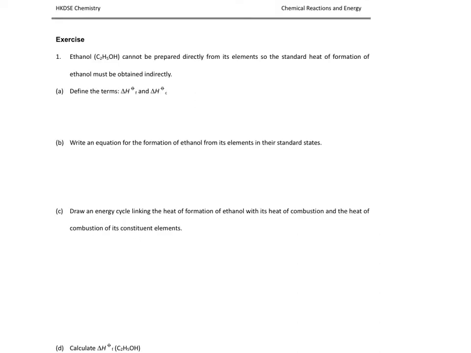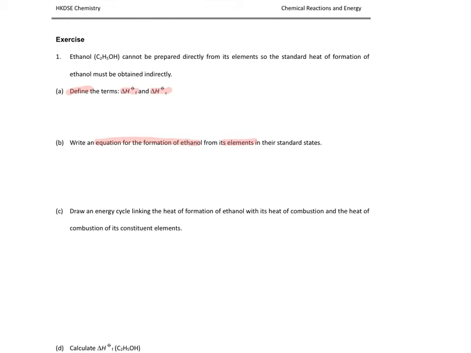On this page of your notes, you can see a very typical question in the public exam. You need to define some of the enthalpy changes, and you also need to write the equation for the formation of the substance from each element.